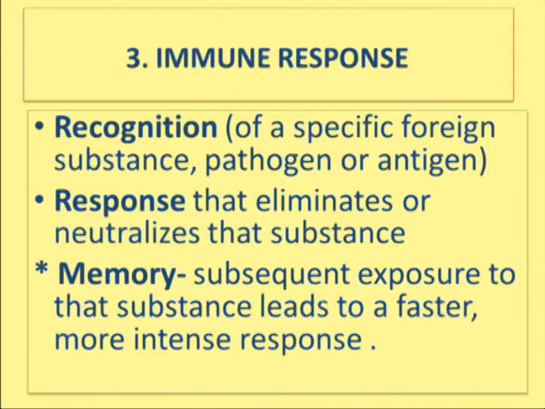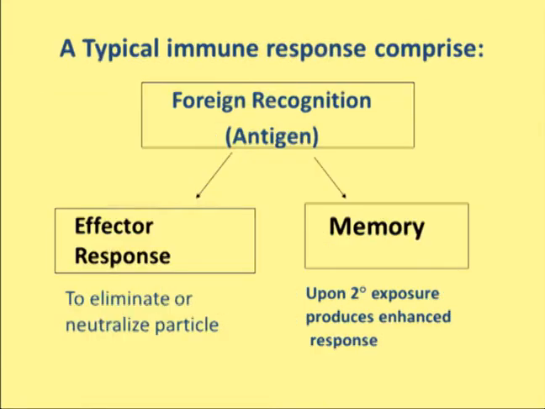Now, it might have a particular memory response. That means it recognizes the pattern and the kind of organism that has entered once. Thereafter, the subsequent exposure to the same microorganism generates a very strong, faster and more intense response, and the same antigen will be eliminated in less time at a much more rapid pace.